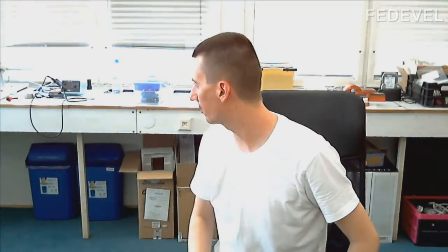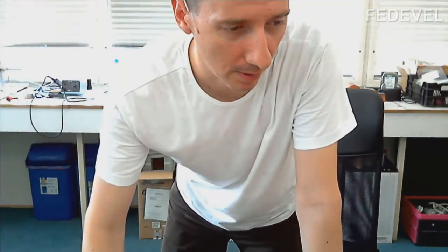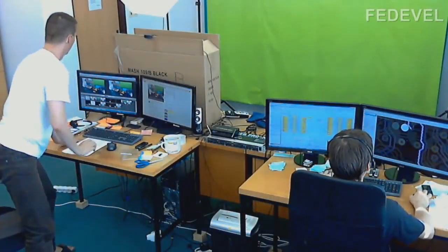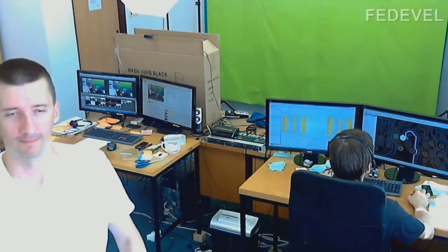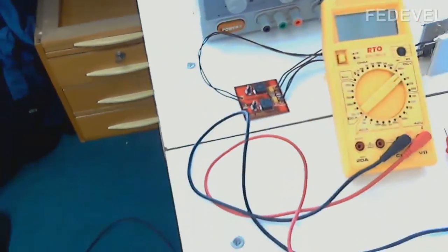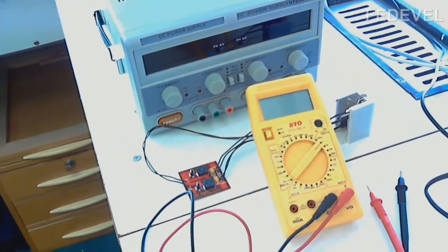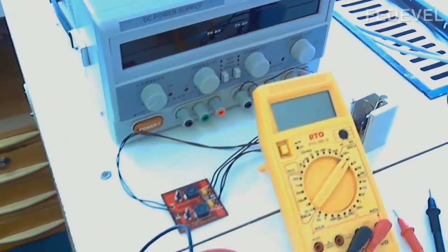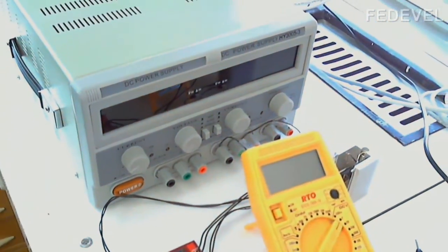Also, I can show you something from our lab, for example. Here is the power supply from the latest course.